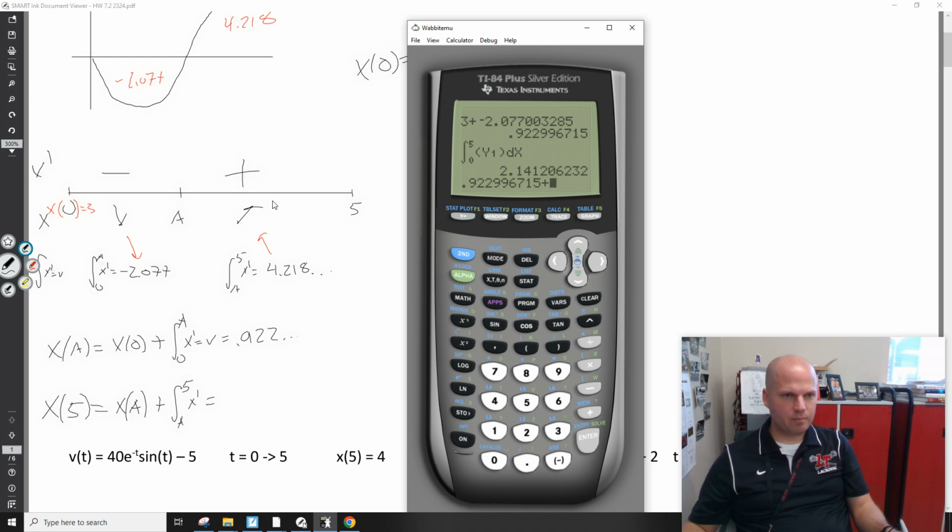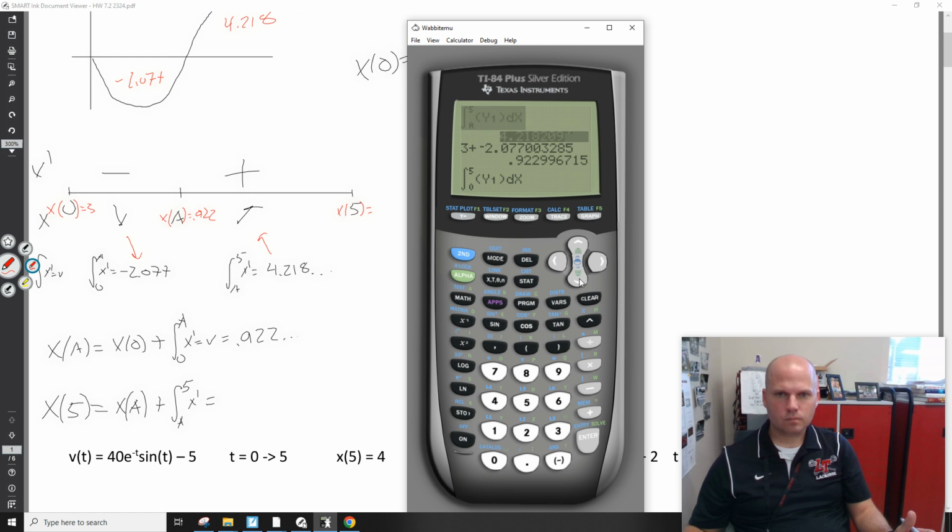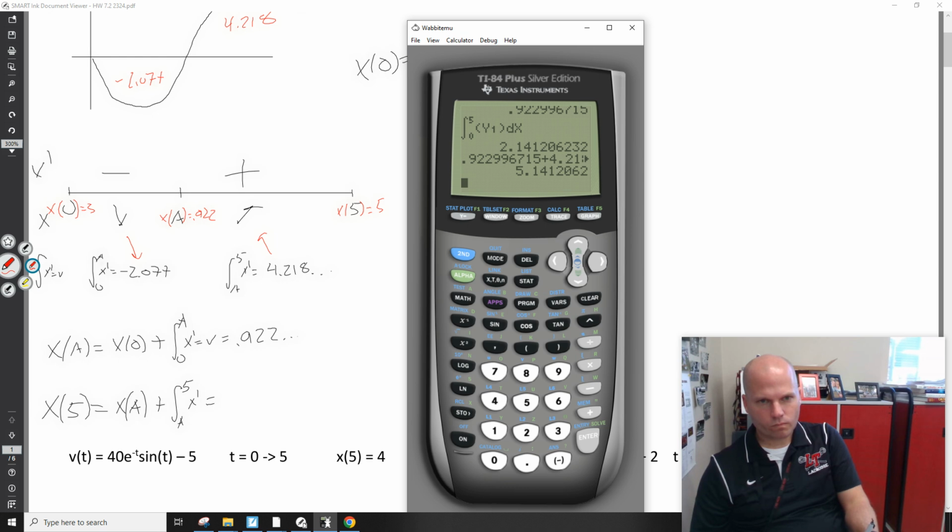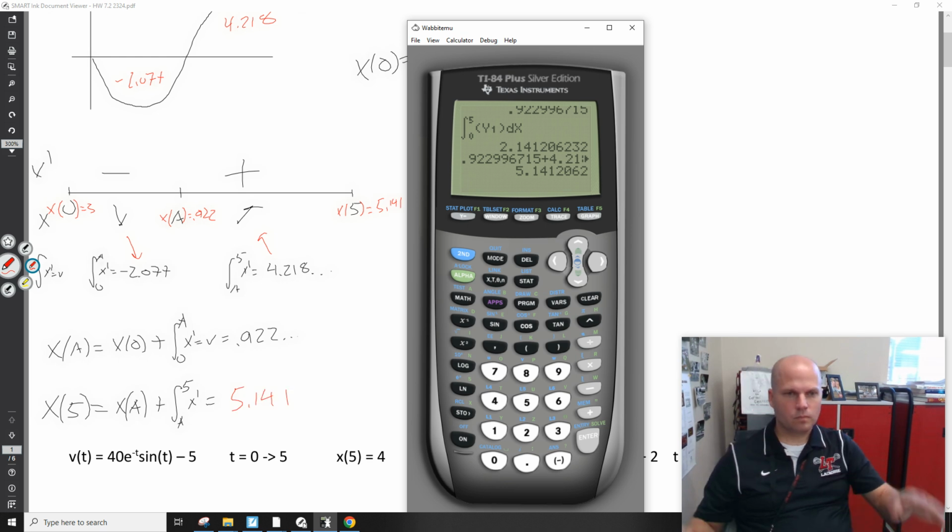So I have my position at time A, which I should have written down here, 0.922. My position increases 4.218. My position at time 5 needs to be 5.1 something. Boom. Got it?